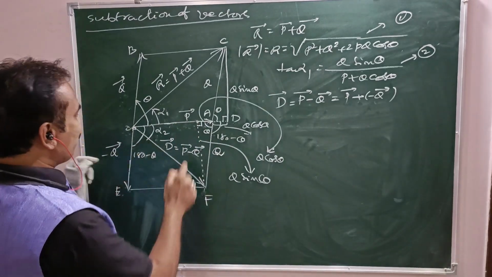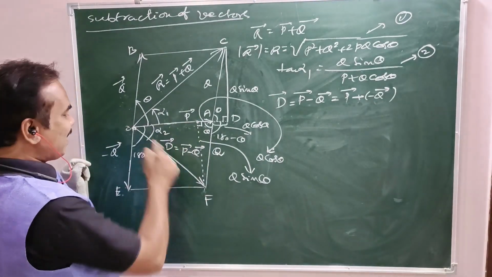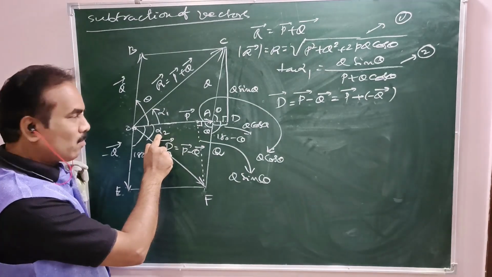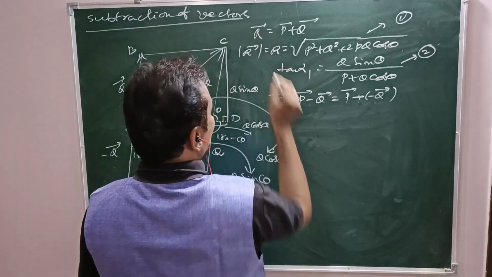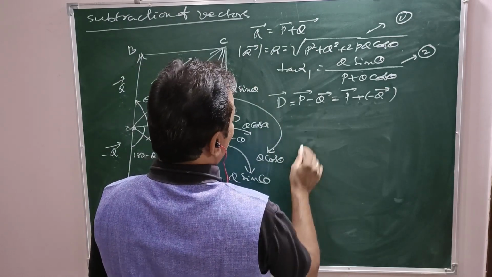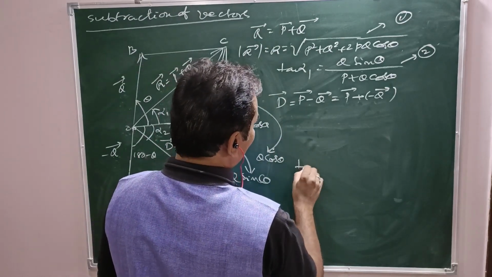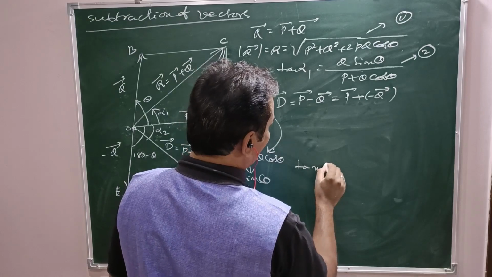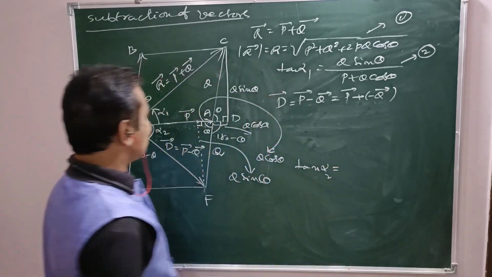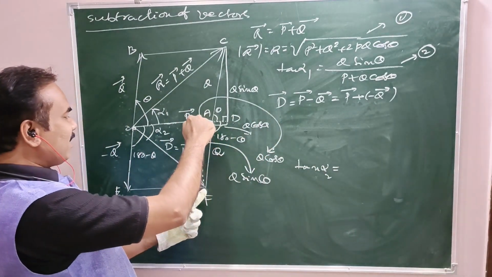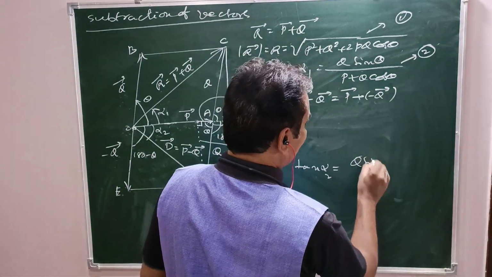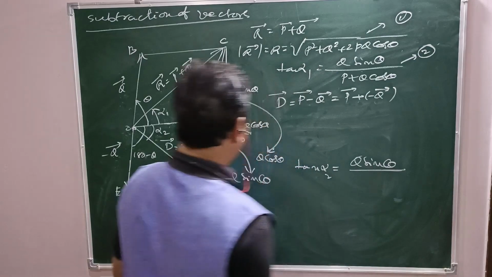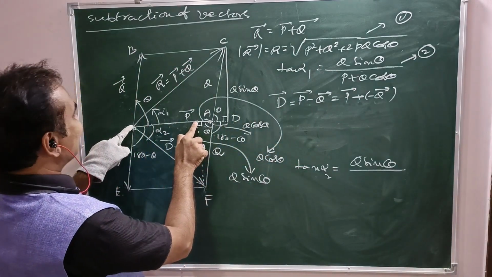So tan alpha 2 equals opposite side by adjacent side. What is the opposite side here? Q sin theta, divided by the adjacent side.